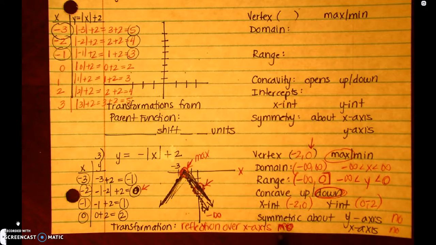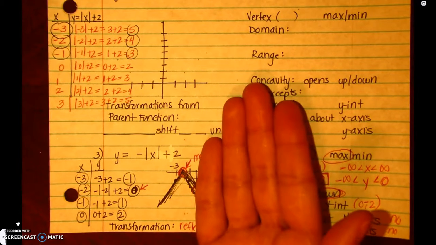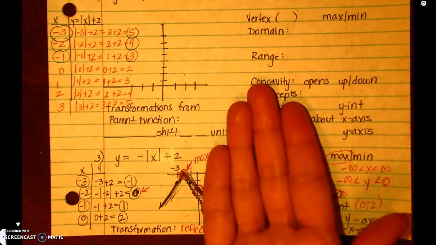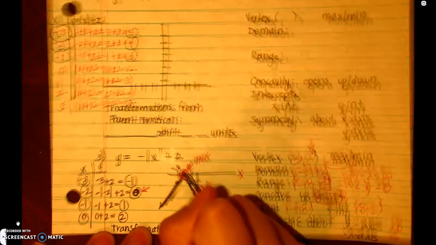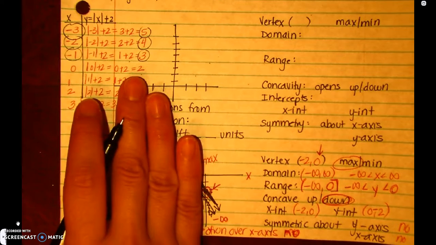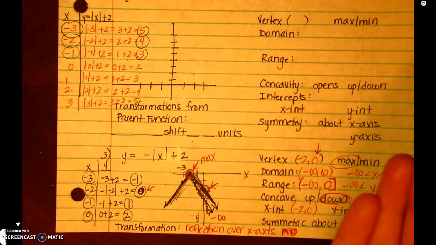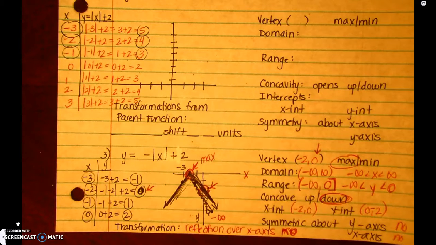So one of the things that I wanted to show you is that it is not symmetric about the y-axis. If I take the side that's on the right side of the y-axis, this is my y-axis, and I flip it over to this side, which is just that little piece right there, it would not lay on top of the left side. So they're not symmetric. They look completely different from one side to the other.